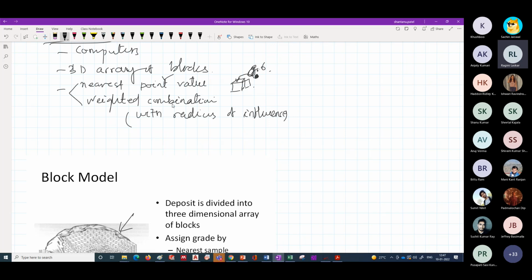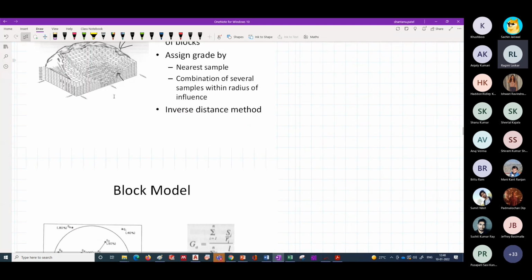One of these methods, which I'll be explaining, is called the inverse distance weighting scheme. What does this mean? Let's say any block we are going to consider here. This is the block.